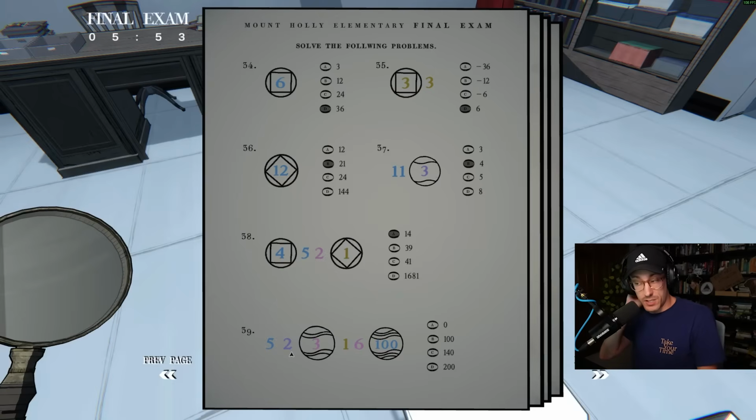We round to the nearest double-digit number, which would be 10. -1 is 9 times 6. This was 9. 9 times 6 is 54. Plus 100 would round to 200.